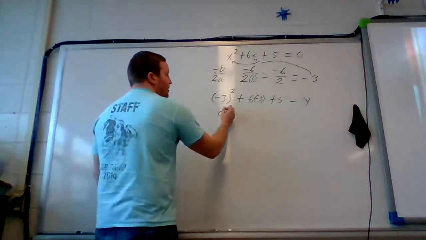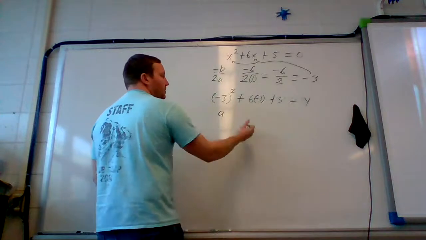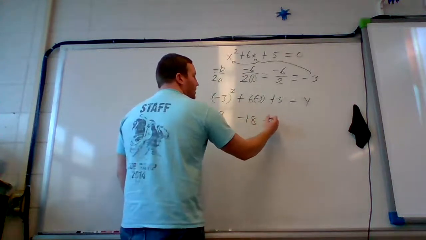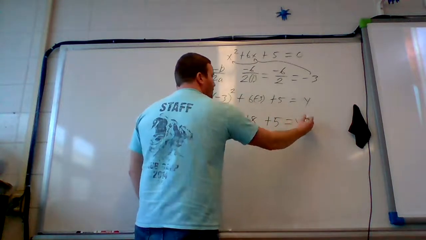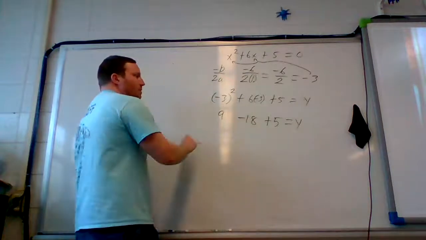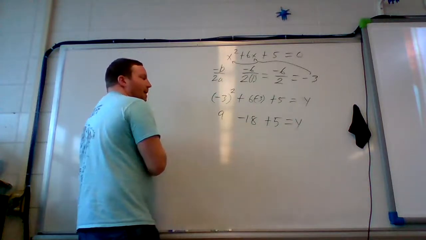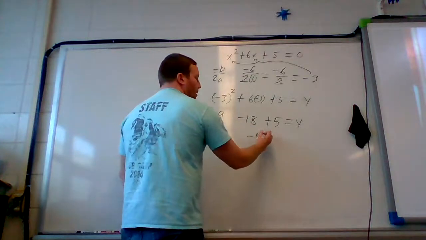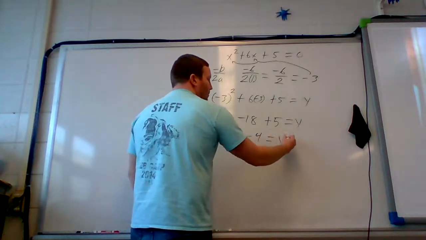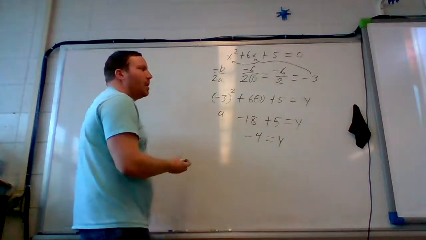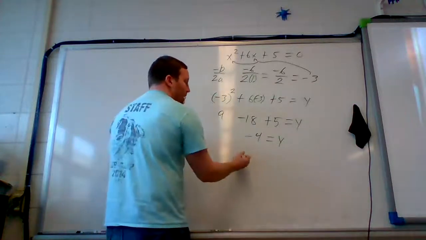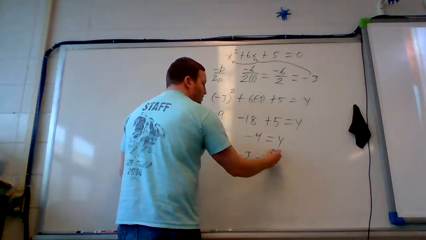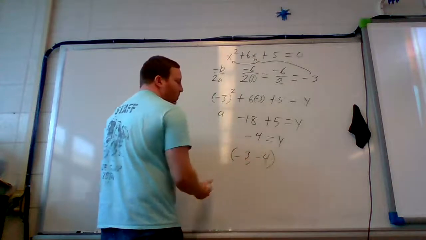Negative 3 squared gets us 9. 6 times negative 3 gets us a negative 18. Plus 5 equals y. So 9 minus 18 gets us a negative 9. Plus 5 gets us a negative 4 for the y value. So that means our vertex is at negative 3, negative 4.